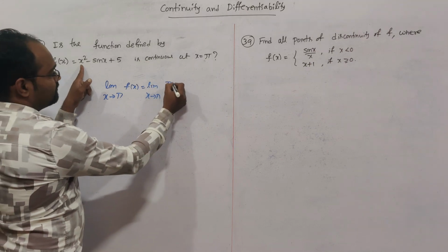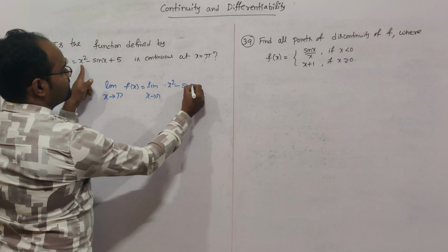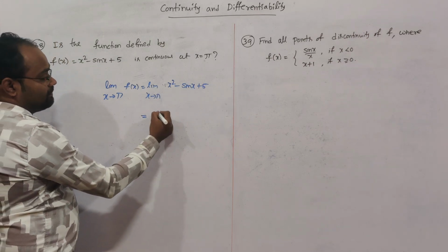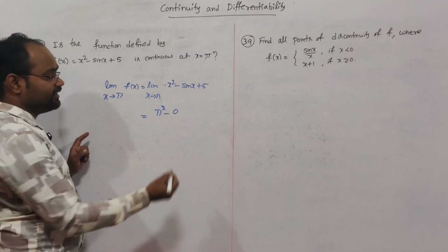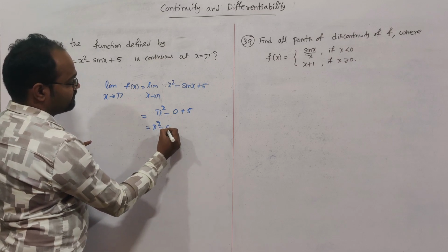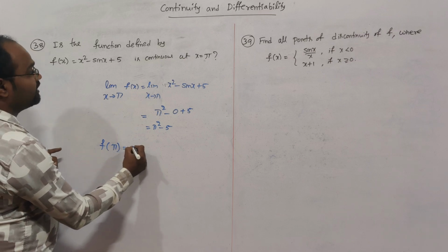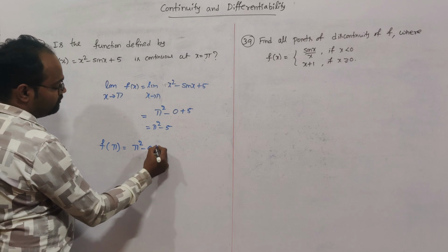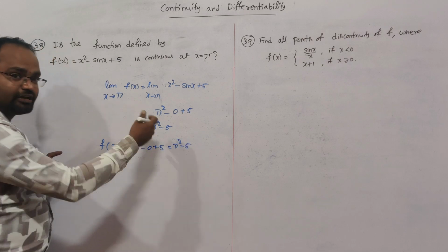Limit as x tends to pi of x square minus sin x plus 5. What is that? As x tends to pi, it is pi square minus sin pi, which is 0, sin 180 is 0, plus 5, that is pi square plus 5. Similarly, the functional value at x is equal to pi, you will get pi square minus sin pi, again 0, plus 5, that is pi square plus 5. Both are the same.